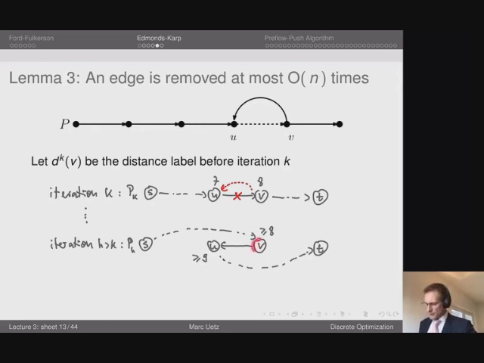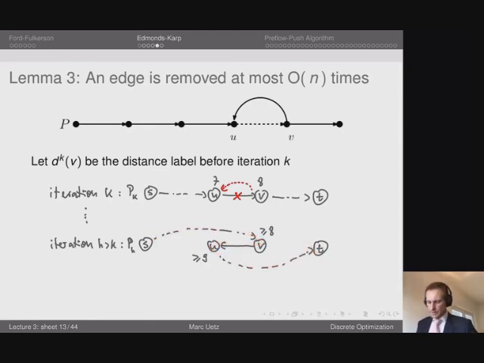So I know that in this later iteration h, larger than k, the distance of this vertex V from the source will be at least 8, because it was 8 before. And correspondingly, the distance of this vertex U from the source would be at least 9, one more, because the augmenting path that we now find is this one in iteration h.